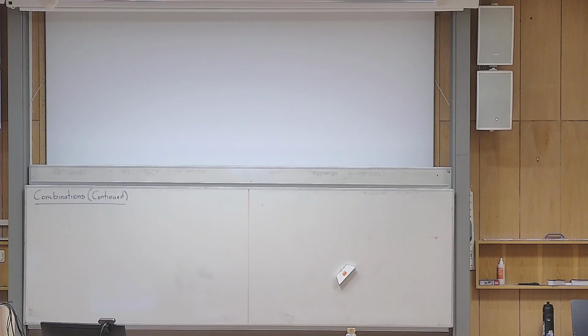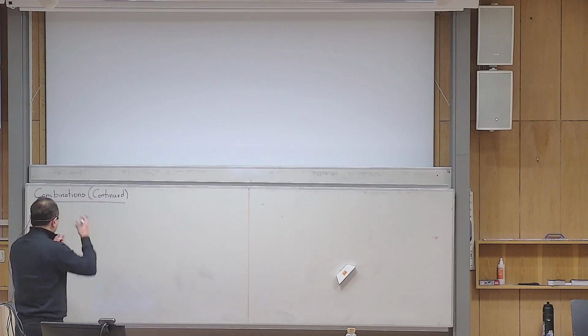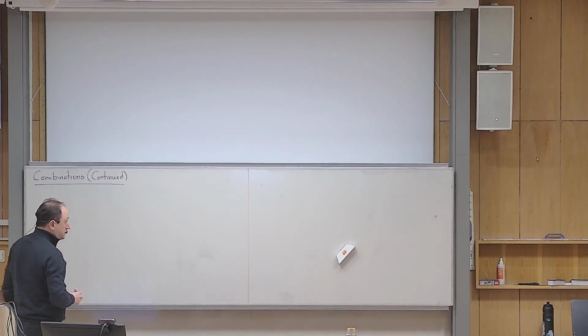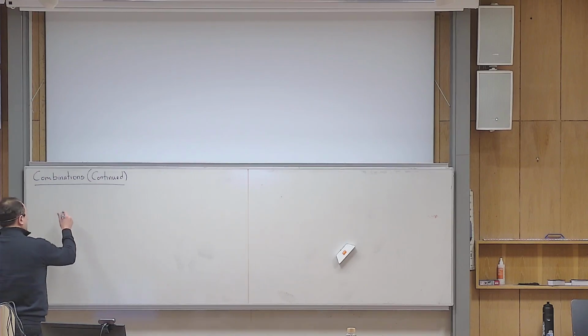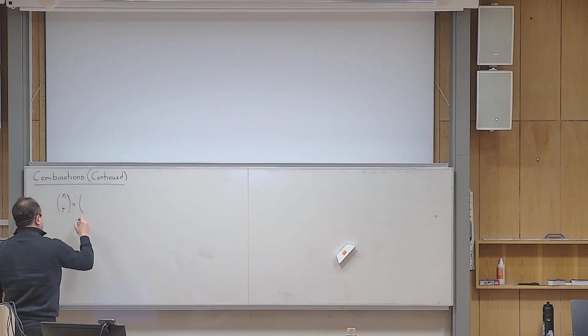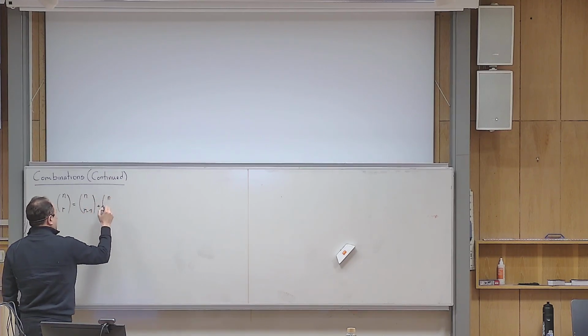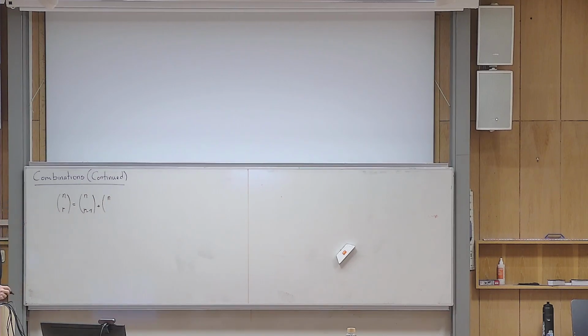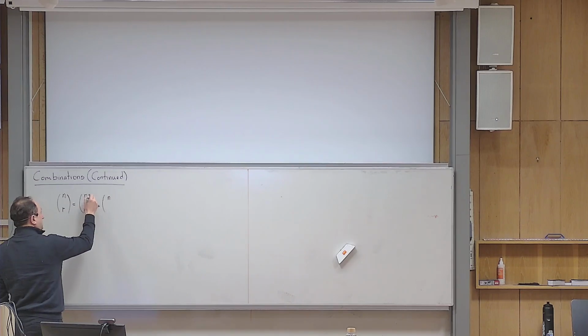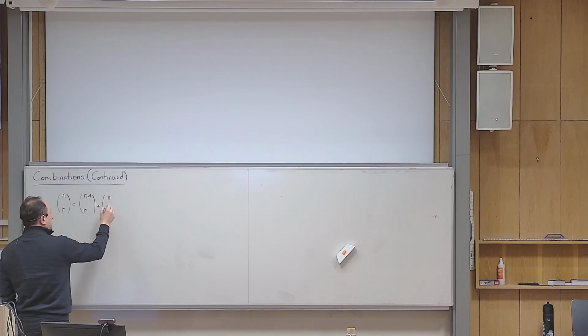So last time we talked about Pascal's identity, if you remember. Pascal's identity was: n choose r is equal to n choose r minus 1 plus, no, that was n minus 1 choose r.